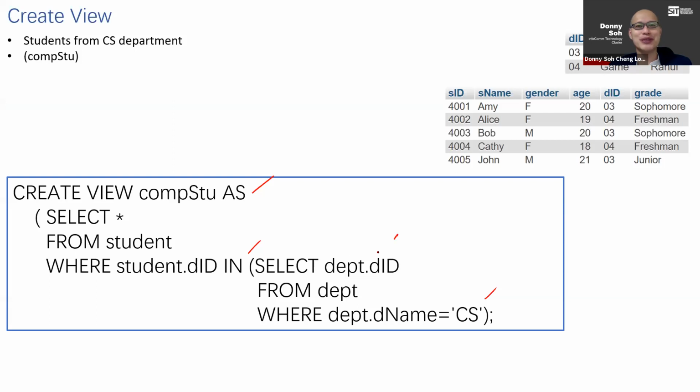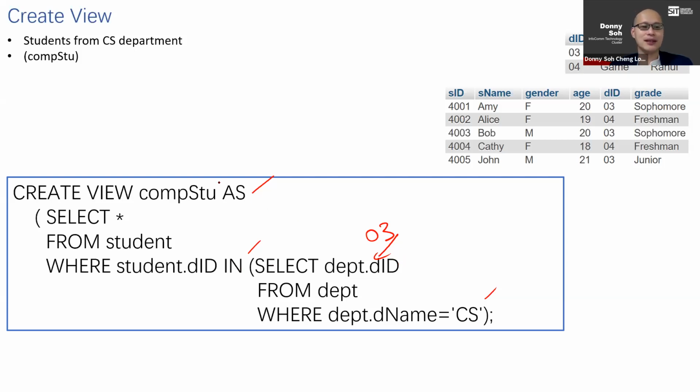What this first query is doing is finding the number 03. 03 refers to my department ID for CS. So the innermost query is just returning me 03. And this is telling me, find me all my students where my student department is in 03.